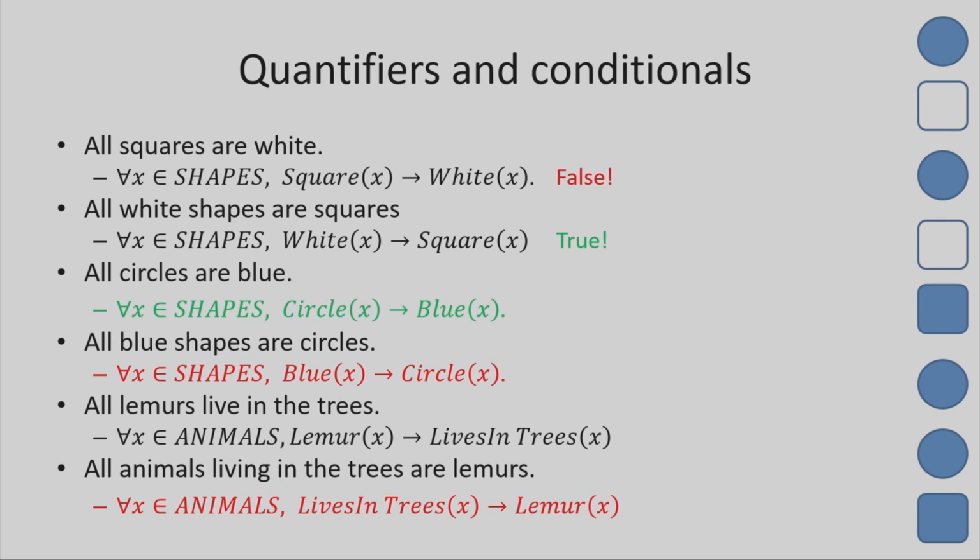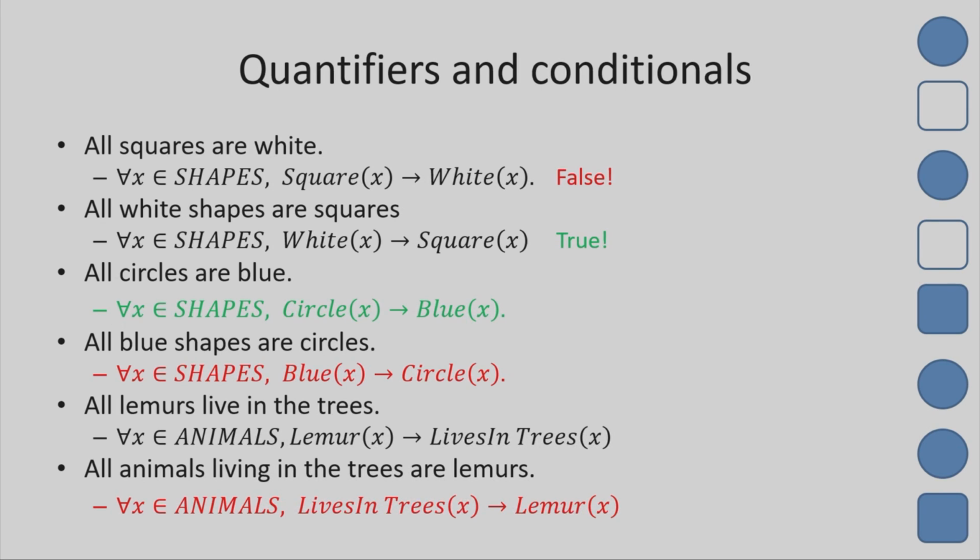And here are some examples from the famous logician and also famous children's book writer that you might know, Lewis Carroll. All lemurs live in the trees. Okay, we could write it as for every animal, if that animal is a lemur, then it lives in the trees. Is it true or not?